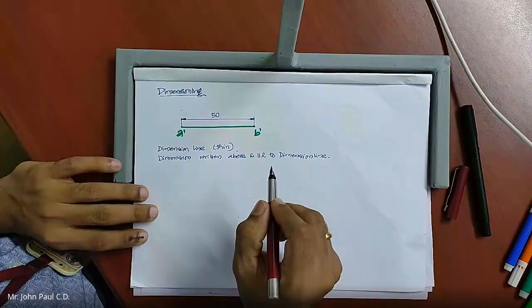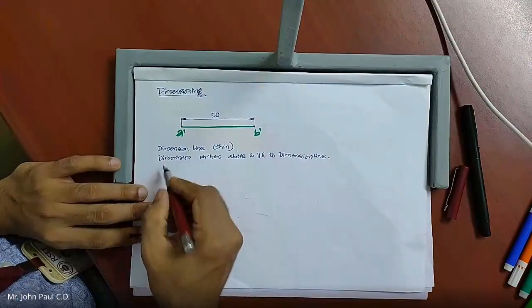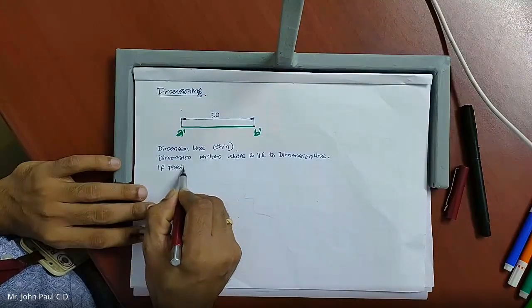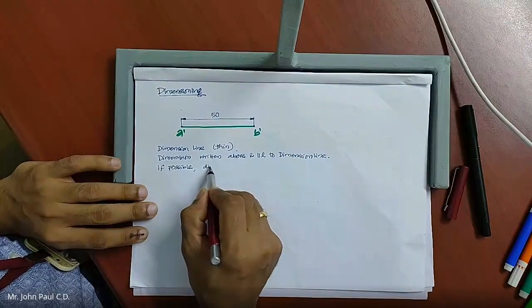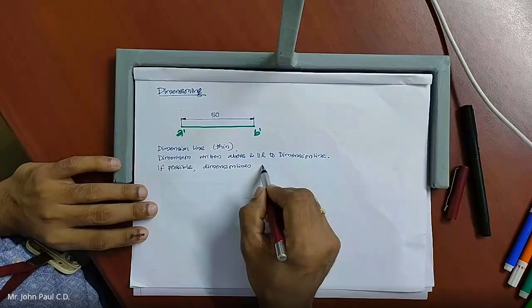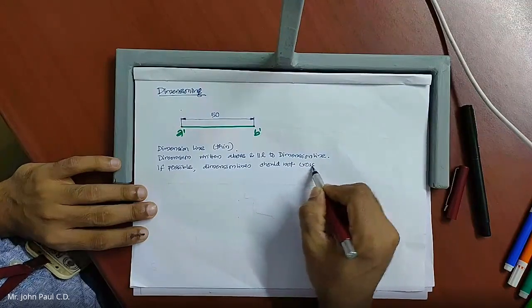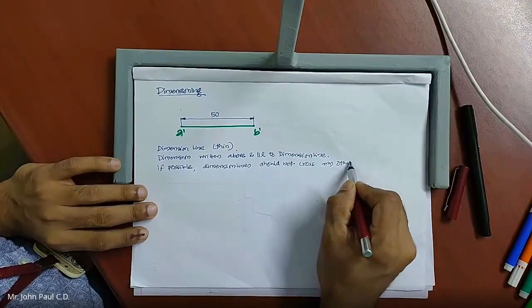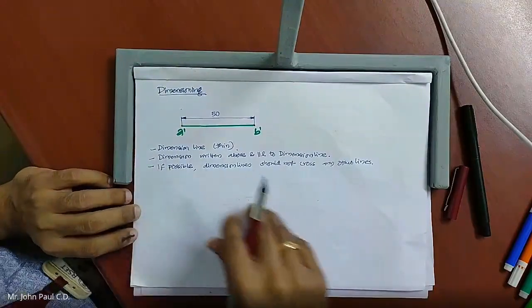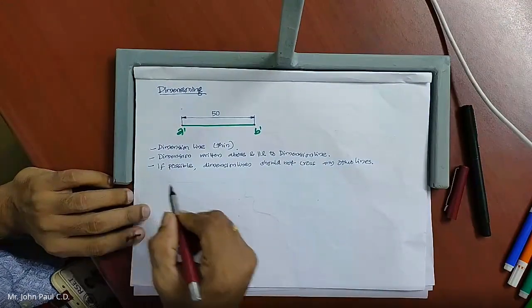And one more thing, if possible, dimension lines should not cross any other line. So these 3 points you should remember. If there is anything else, I will note down here.